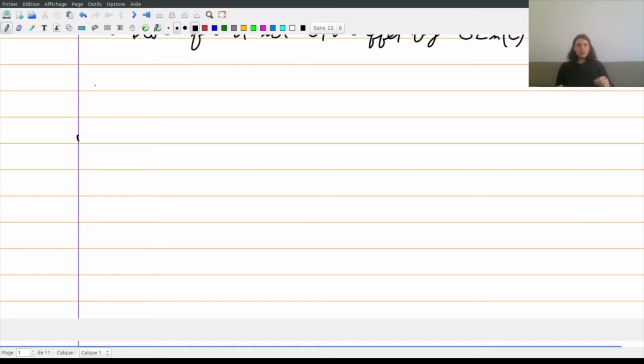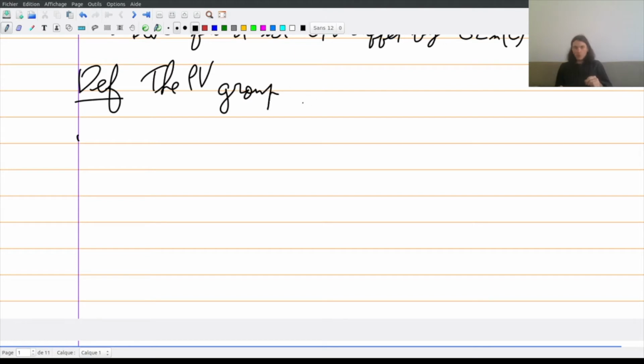So let me define the difference Galois group, the PV group. I will make a slight abuse of notation because there will be no Galois group, so I will take the same notation as for the Galois group.